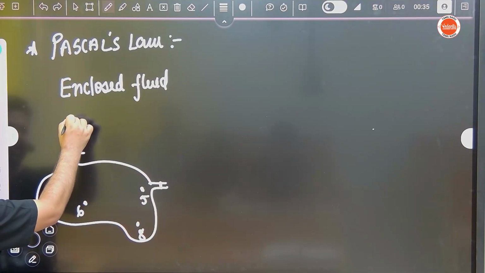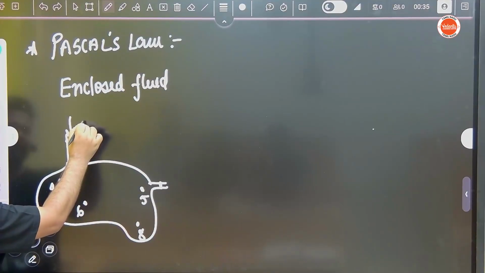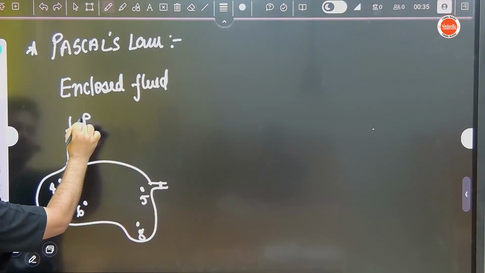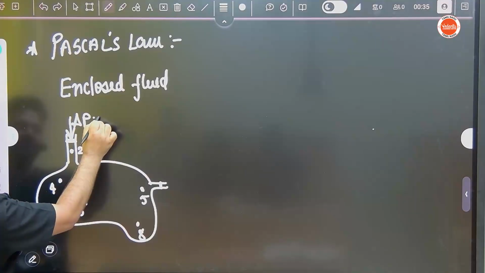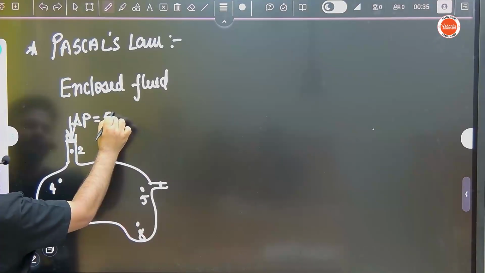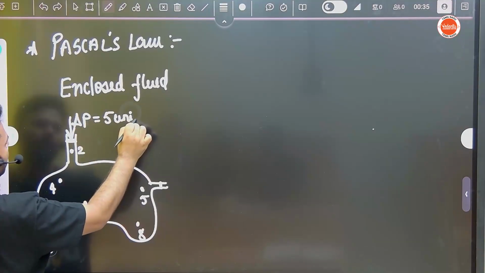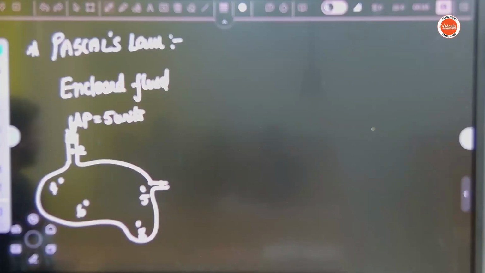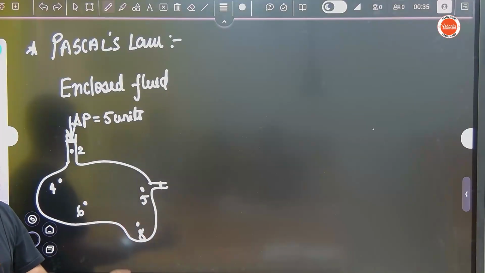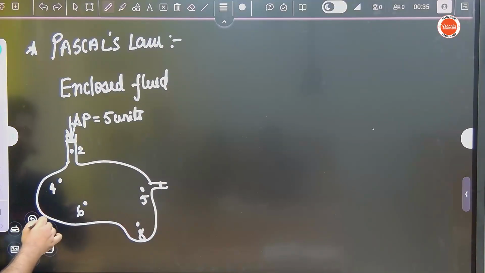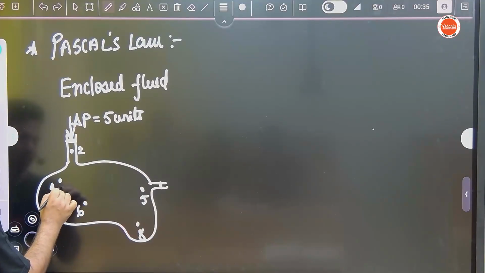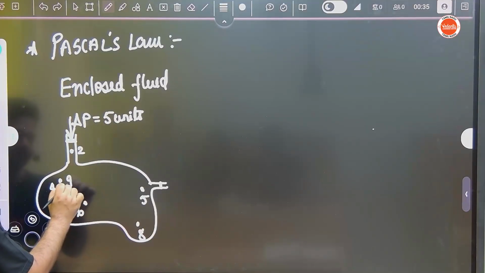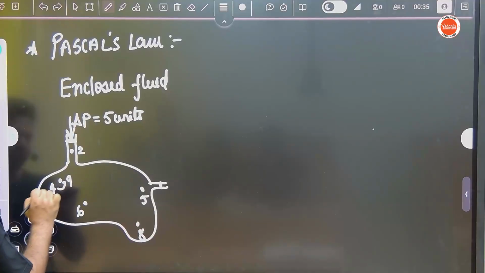If we apply some extra pressure, delta P, suppose 5 units, what will happen? This extra pressure will travel to all the points. Now this pressure will become 4 plus 5, 9. The pressure at this point will become from 4 to 9.